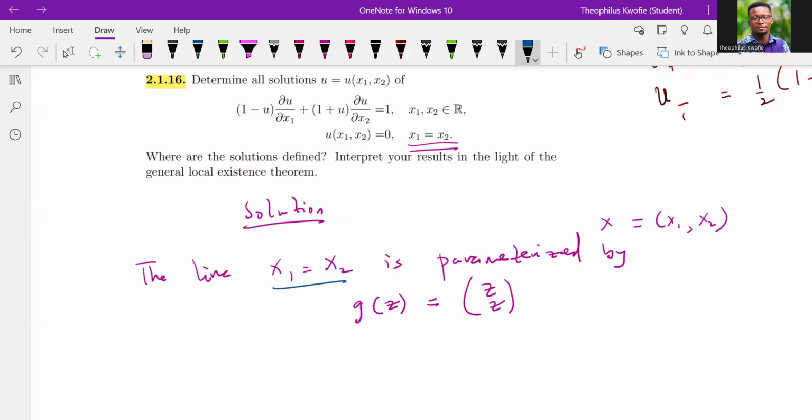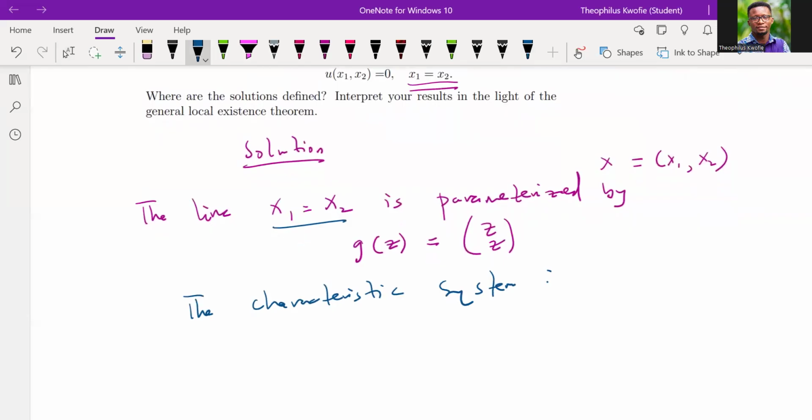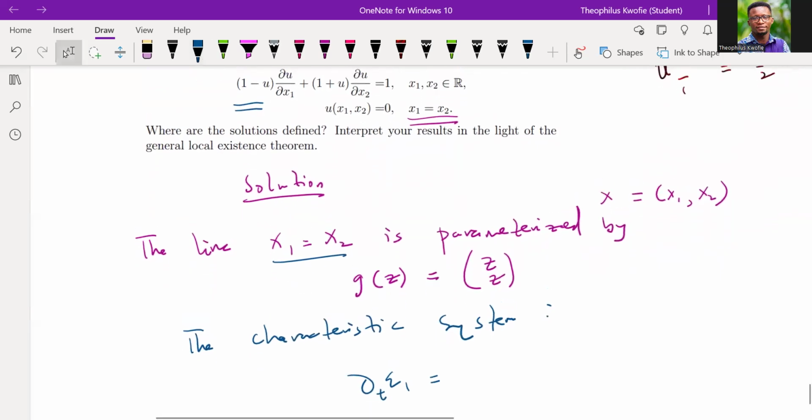Now we need to determine the characteristic system of this particular PDE. The characteristic system then becomes: the partial of xi1 with respect to t will be equal to a1, and your a1 is 1 minus u.